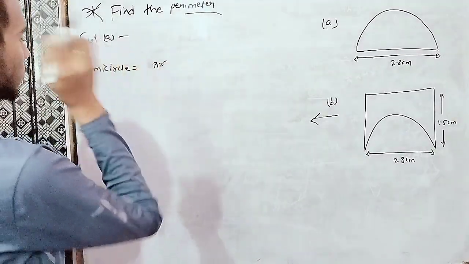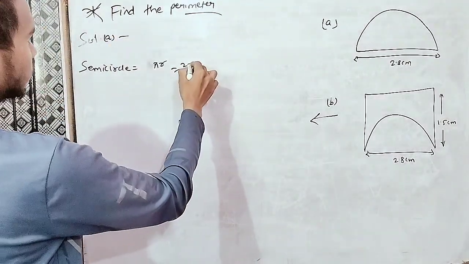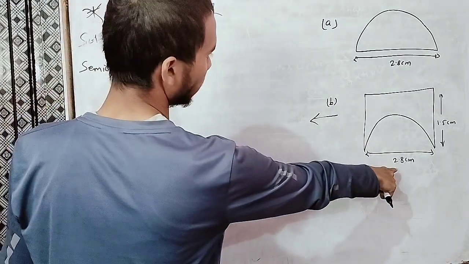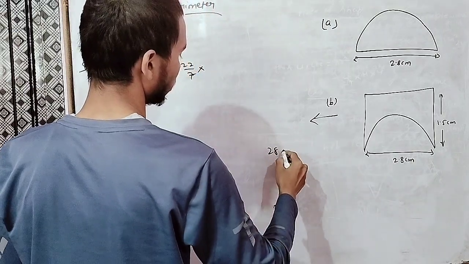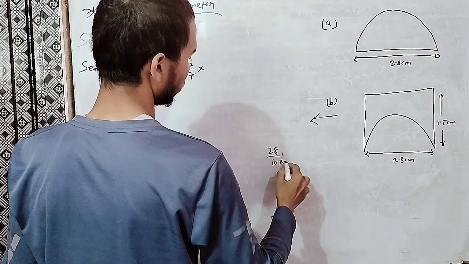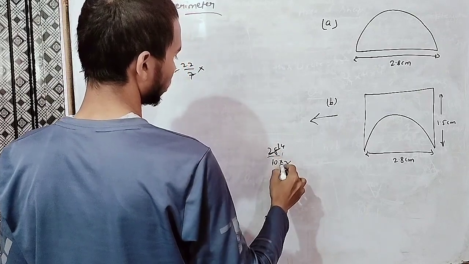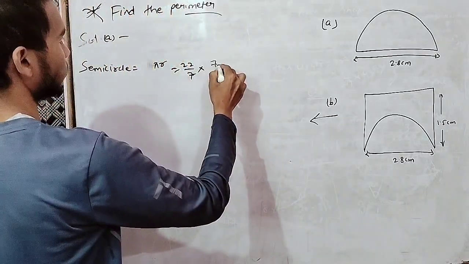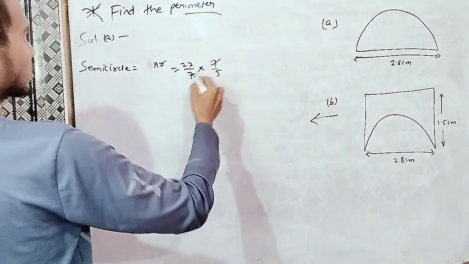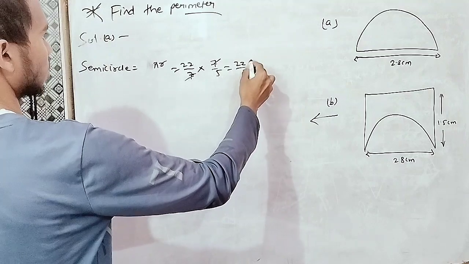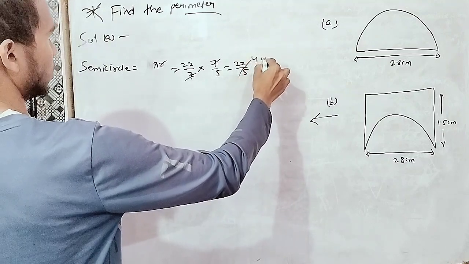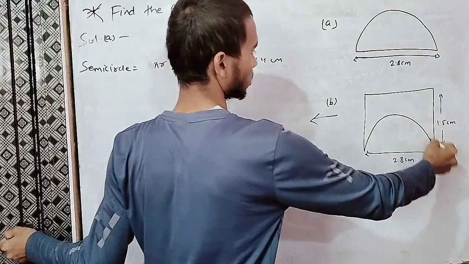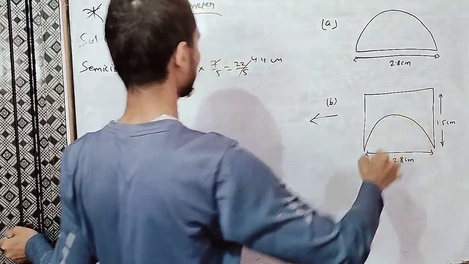We have 22 by 7, and 2.8. 5 by 7, 7 by 5, 7 by 5. 4.4. This is clear.